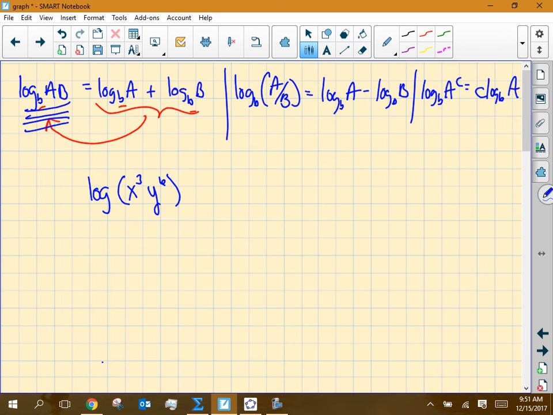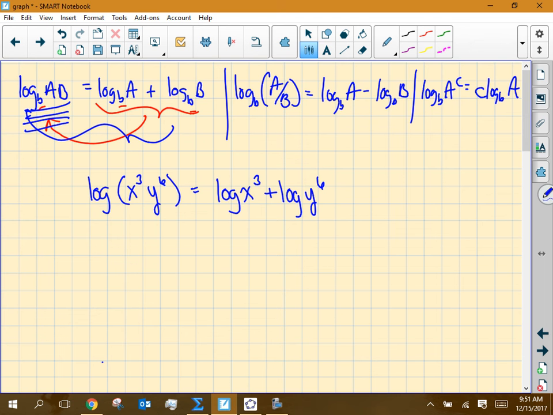In this particular situation, because the exponents are defined just for that x and just for that y, you want to separate this using this law first. So I'm going to go log of x cubed plus log of y to the 6th. Okay?